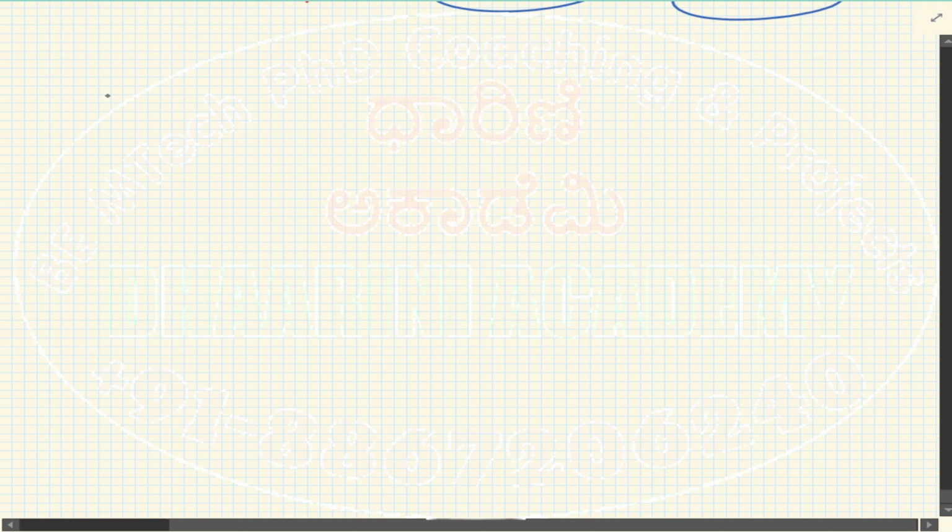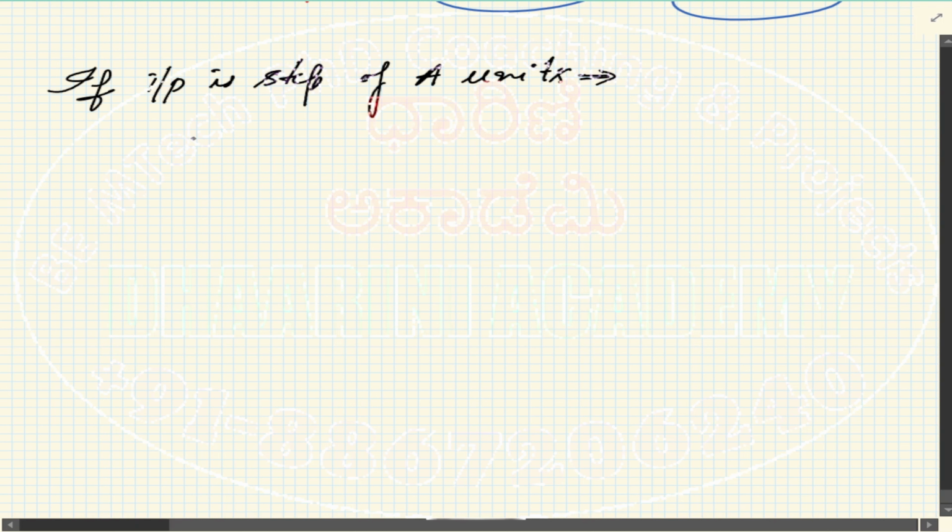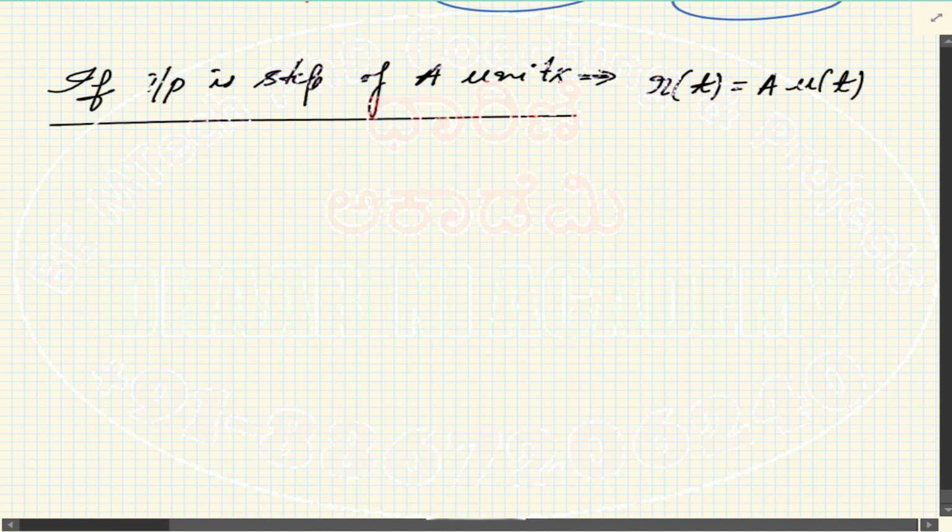All right. So let's say the input is a step of, say, capital A units. This is A times U of t, the input. So the input R of t is equal to capital A times U of t.